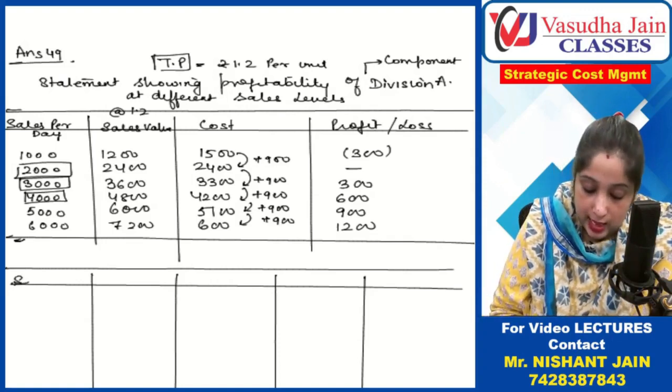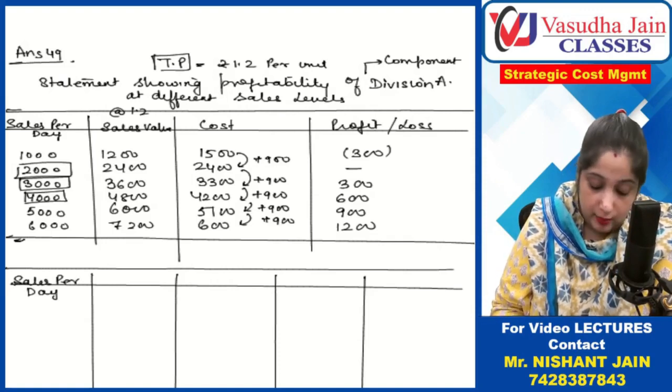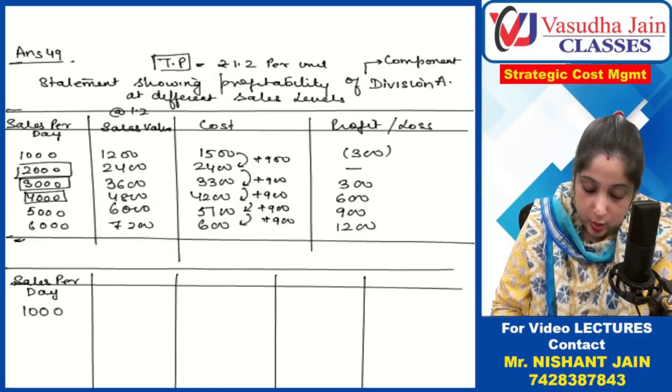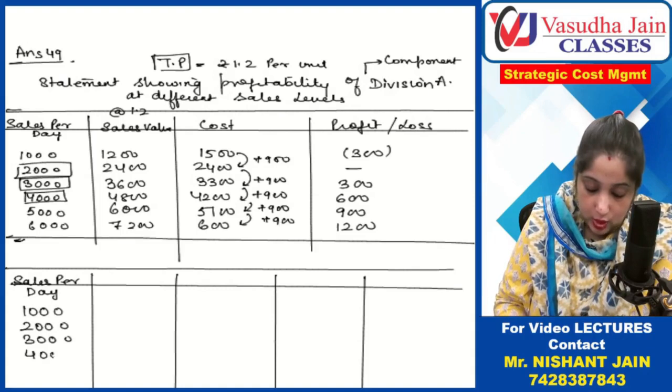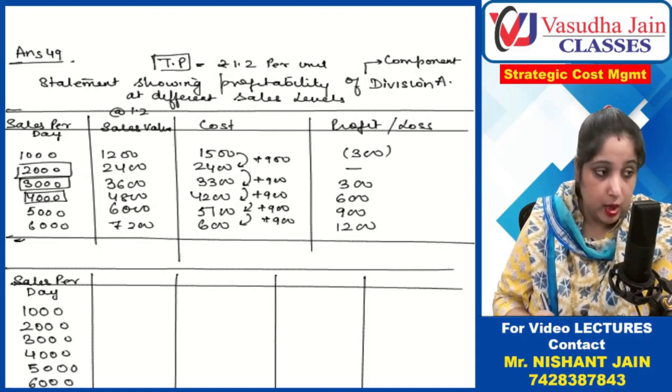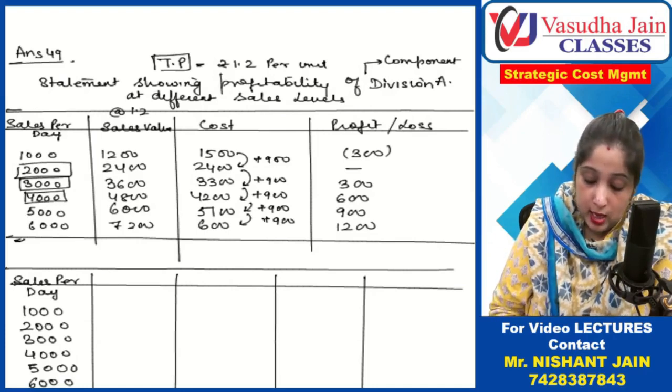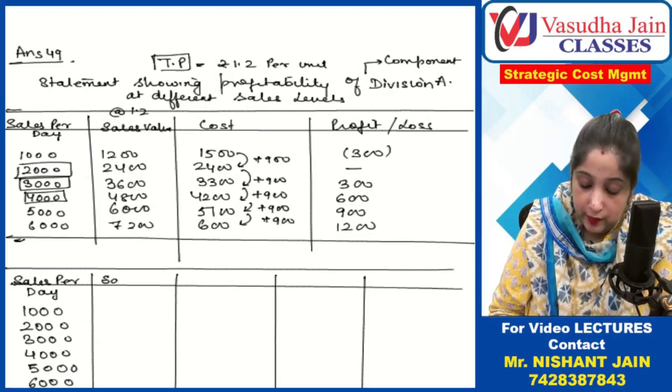So let me write here sales per day. What can be the output level? It can be 1000 sales quantity, 2000, 3000, 4000, 5000 and 6000. Okay, now what is the sales revenue?